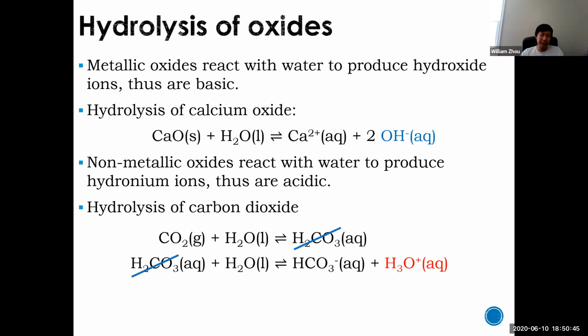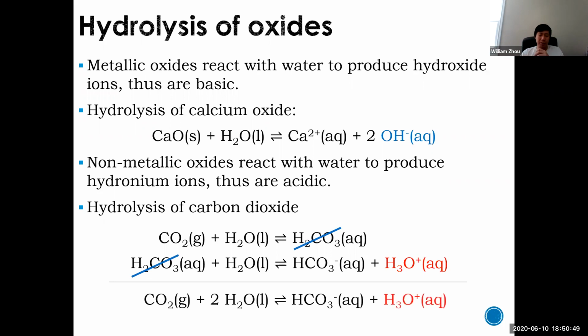You can, of course, cancel the carbonic acid on both sides and write the net equation: carbon dioxide and water, a non-metallic oxide, will produce a bicarbonate ion with H3O+, which is an acidic solution.